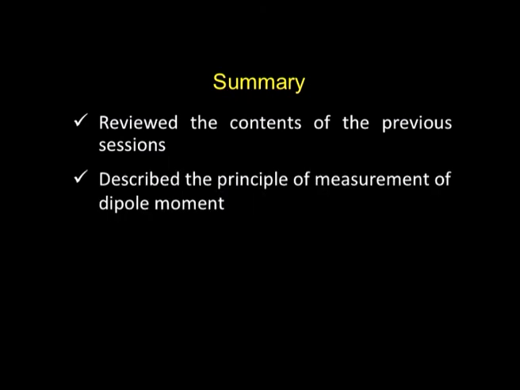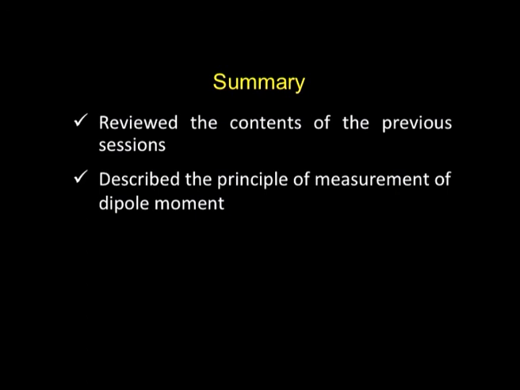I think we have talked about all the typical possible magnetic behaviors of matter. Now, let us sum up what we have done today. We started by reviewing the contents of previous sessions, and then we described the principle of measurement of dipole moment, where we used the Debye equation.